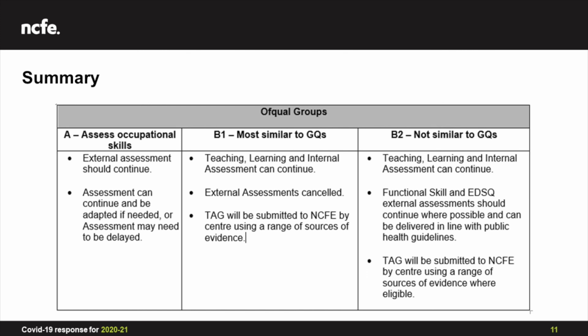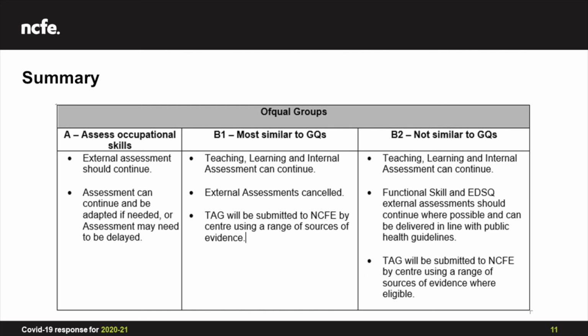Category B1 refers to those qualifications most like general qualifications. In this category, teaching, learning and internal assessment should continue, but external exams are cancelled. TAGs will be submitted to NCFE by the centre using a range of sources of evidence. Finally, category B2.